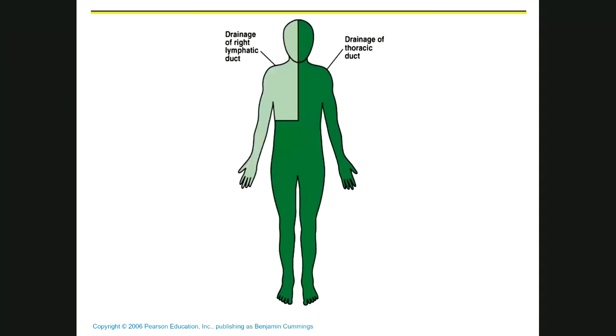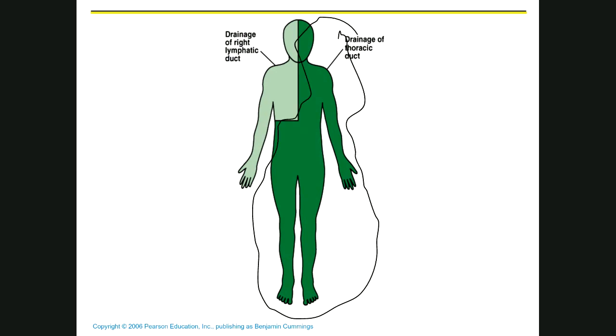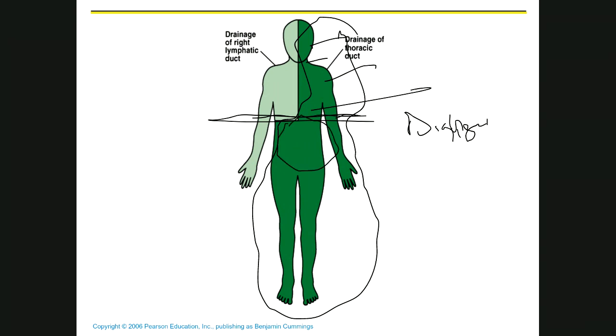It's all of this. So it's this whole part here. So it's the left side of the head and neck, the left shoulder and arm, the left side of the chest, and then everything below the diaphragm. Everything below the diaphragm. And so that includes the abdomen, it includes the legs, and so on. So it's a much, much bigger duct.